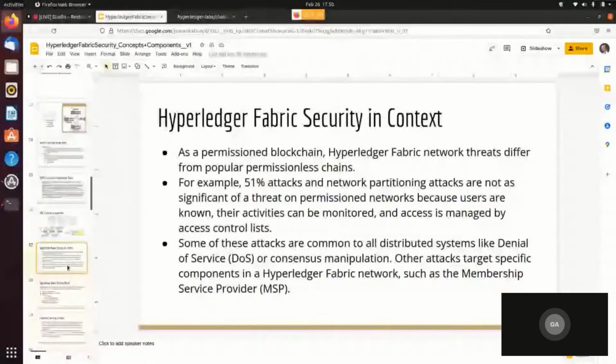Okay, so now we are getting into the crux of our session, Hyperledger Fabric security. Like we mentioned earlier, Hyperledger Fabric's threats differ from permissionless chains.